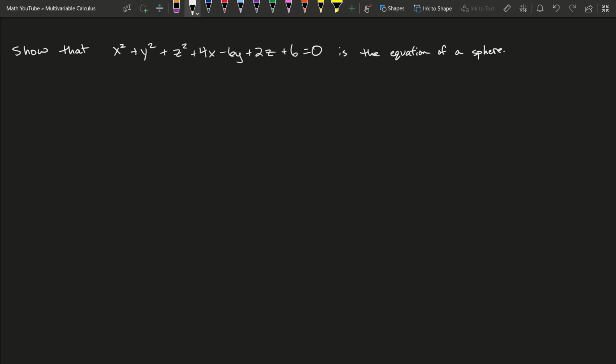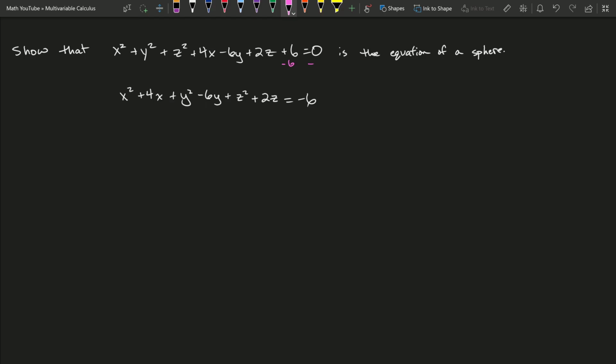This might not jump out to you immediately, but if I group the terms like so: x squared plus 4x, plus y squared minus 6y, plus z squared plus 2z plus 6 is equal to 0. Now you might notice, especially if I subtract the 6 to the other side.